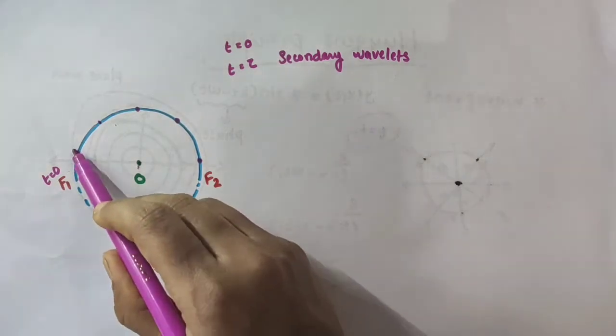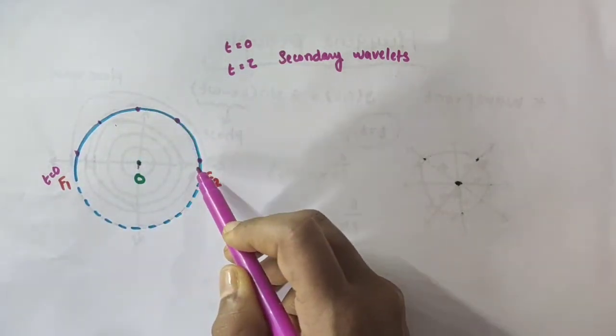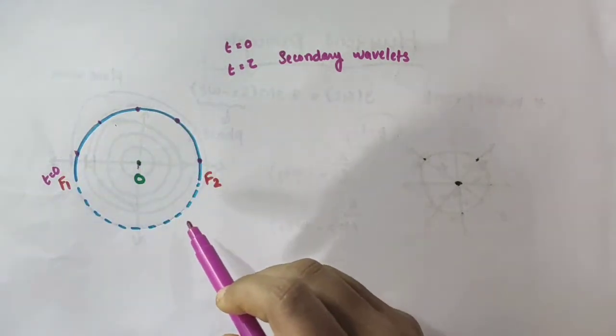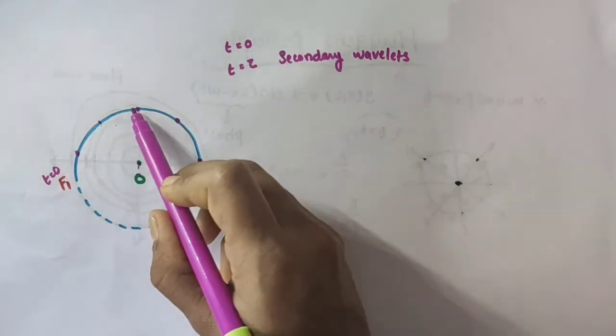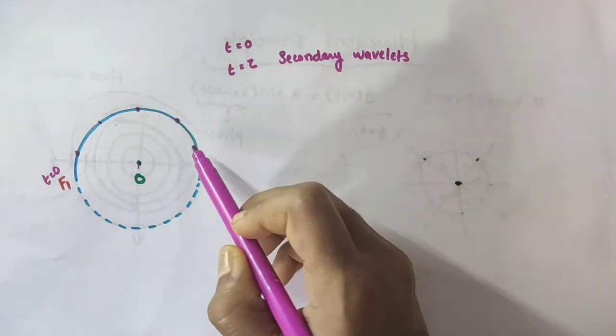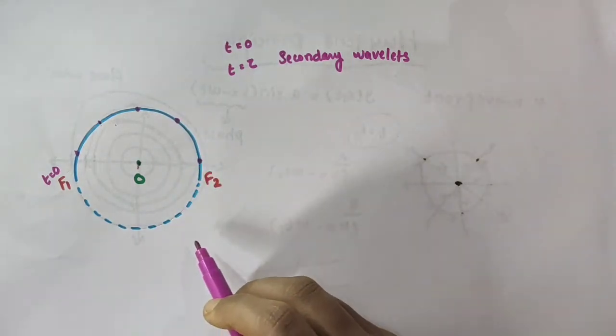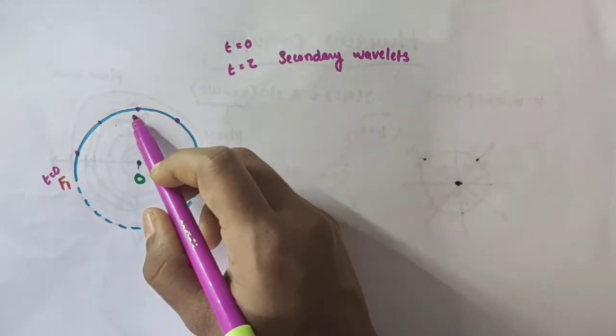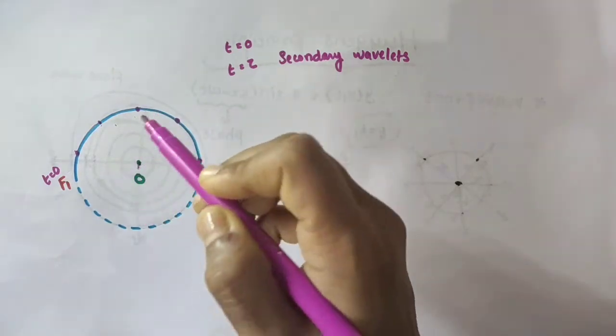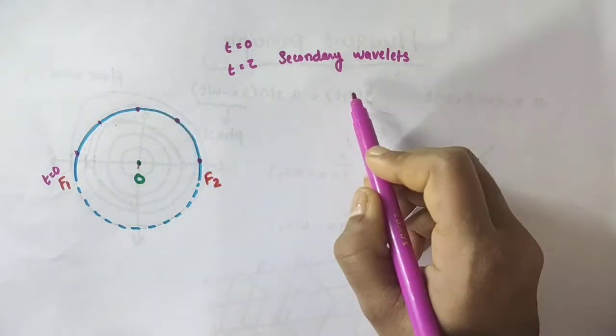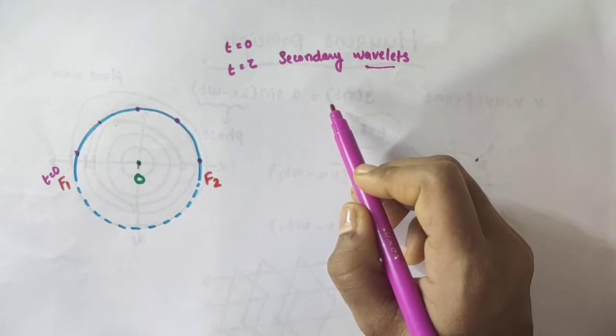There will be so many points on this wavefront now. Each point of this wavefront will act as a source of secondary disturbance. That is, each point will act like a source of another wave, which are actually called wavelets.